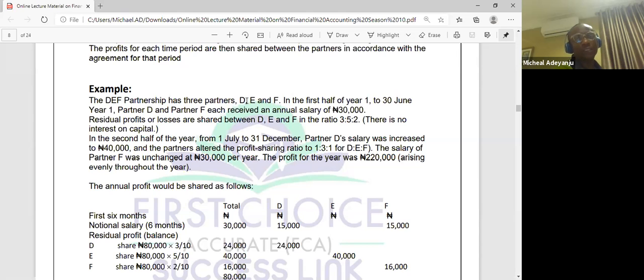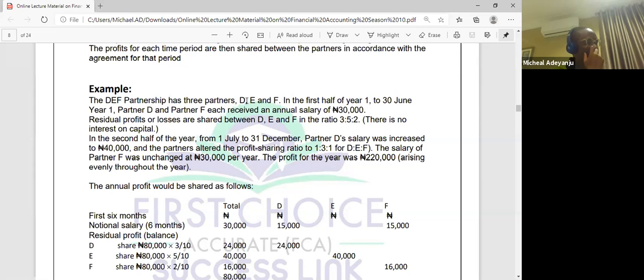In the second half of the year, from 1st July to 31st December, partner D's salary was increased to 40,000, and the partners altered the profit sharing ratio to 1:1. Sorry, the salary of partner F was unchanged.